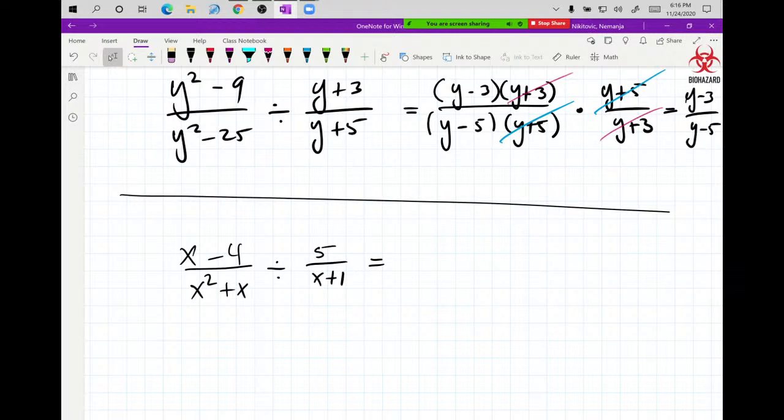Well, let's at least flip. Is there anything that we can factor or cancel? X squared plus x.